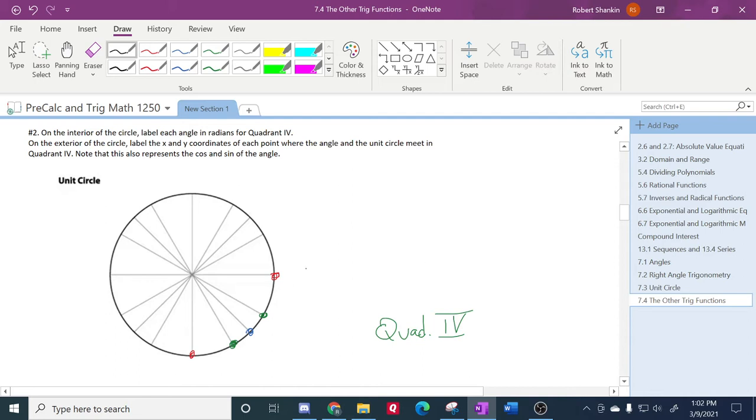Thirty seconds more. All right, so this is 0. This is pi, 3 pi over 2.